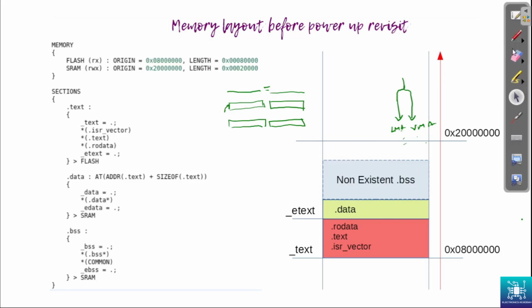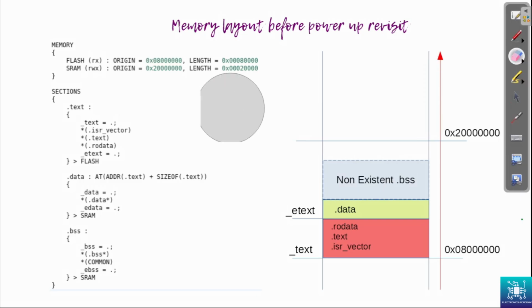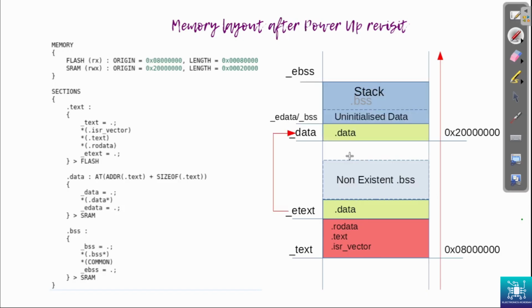Now, this is just a revisit of the LMA and the VMA that we saw. Just before the power up, we have these values, and all these values are LMA values. After power up, when the new values are actually written, whatever you had in the text section is LMA and VMA.